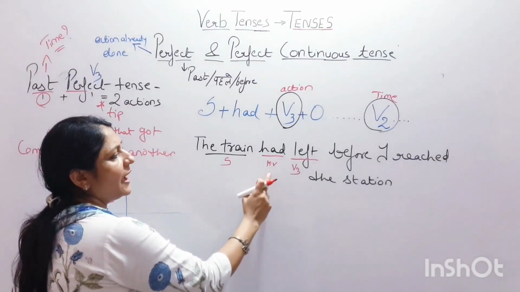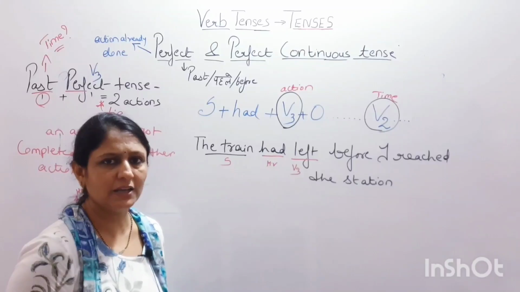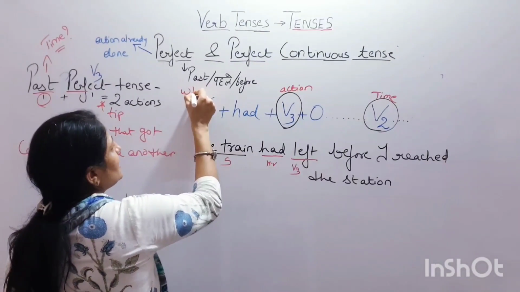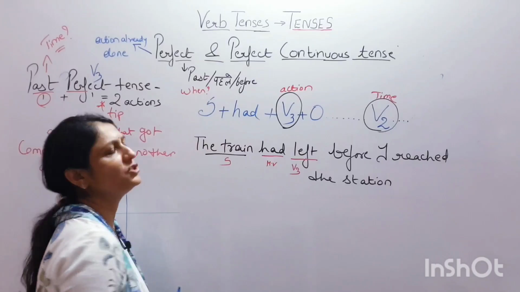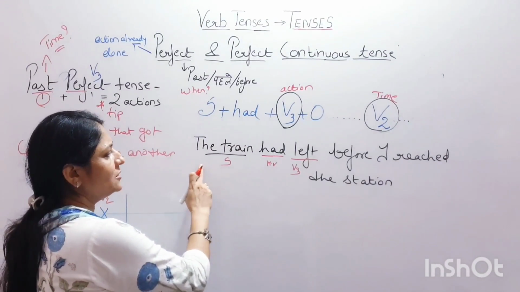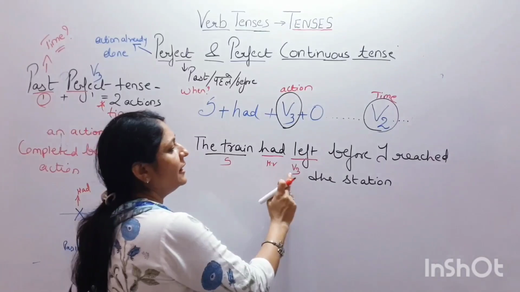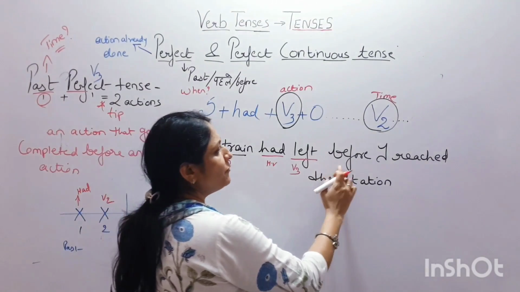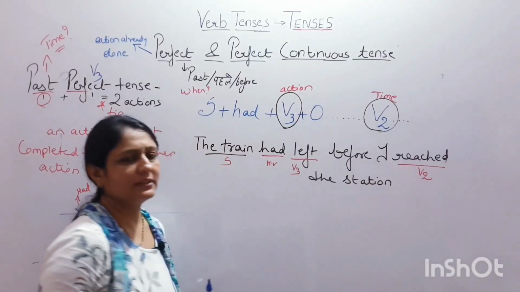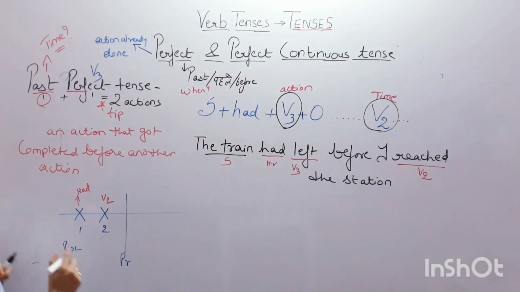So this is the V3 form. The train had left. Now the obvious question would be when. As I told you, all the past tense sentences should answer the question when. That means the time has to be there. So the answer will be: the train had left when? Before I reached the station. That means two actions had occurred.